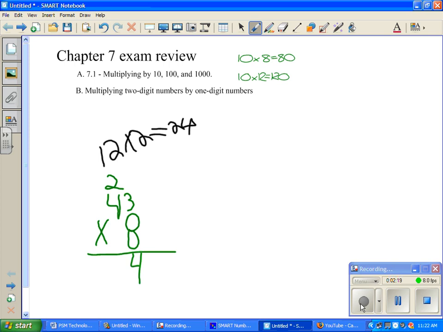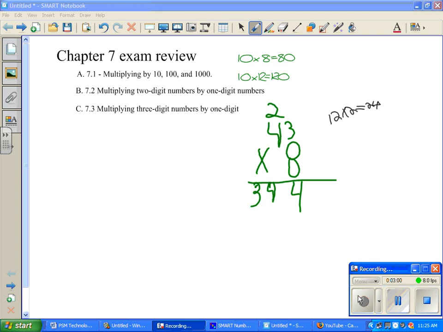So now he's going to multiply 4 times 8, which is 32, and then he's going to add 2 more to that, which is 34. Okay, and your answer is 344.